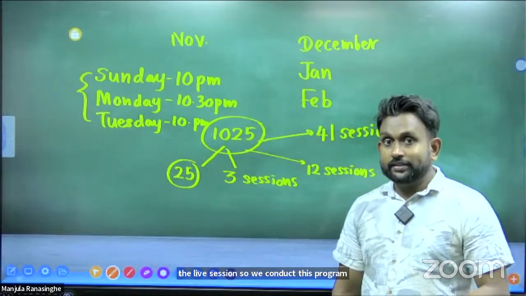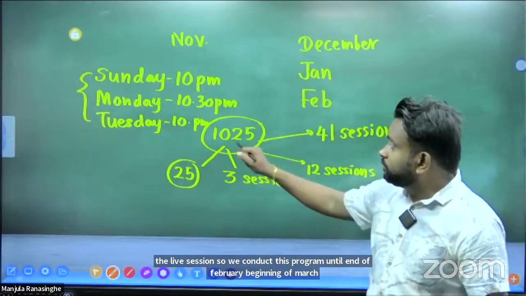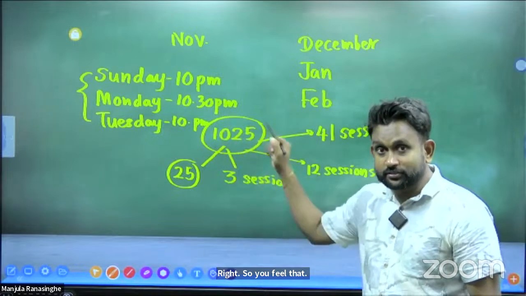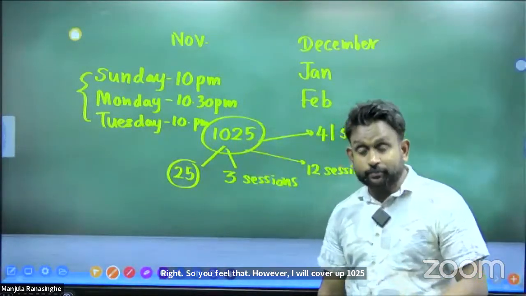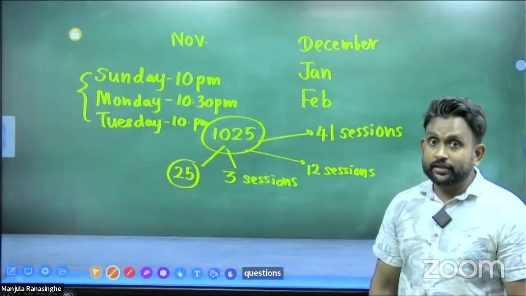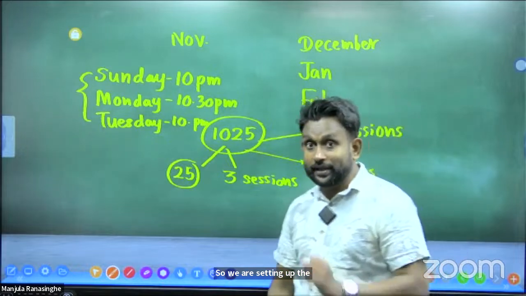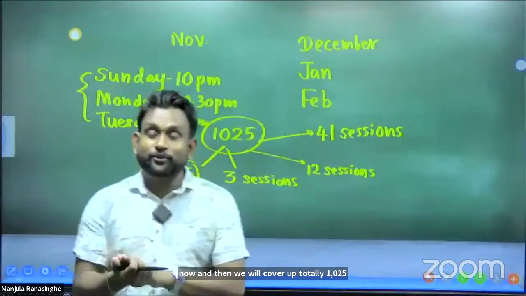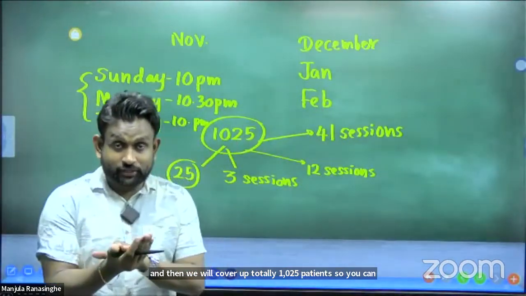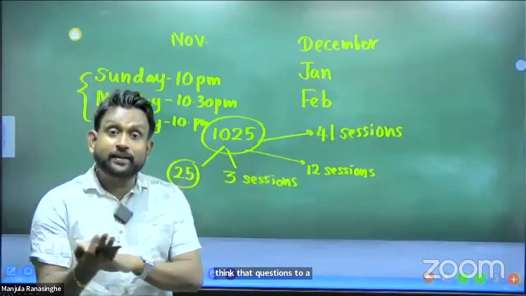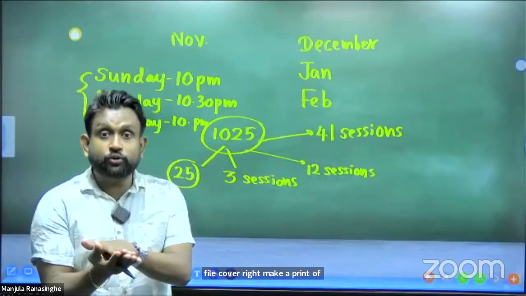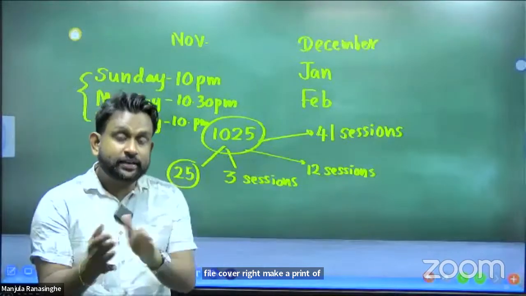I will cover 1025 questions. We are setting up the questions now, and we will cover 1025 questions in total. So you can take those questions to a file cover, make a print of them and make a binder document, especially for both grade 10 and 11 students.